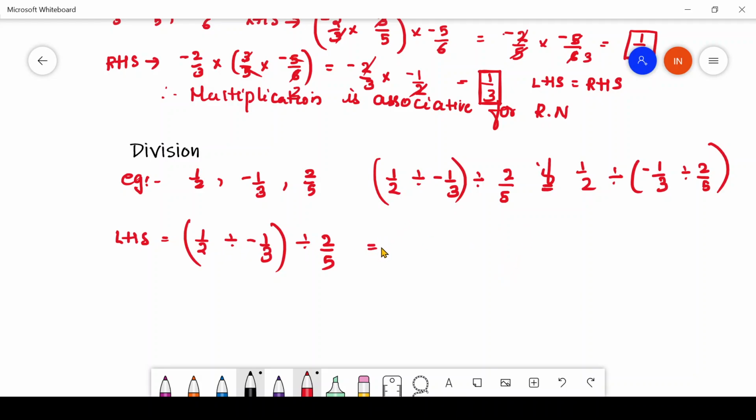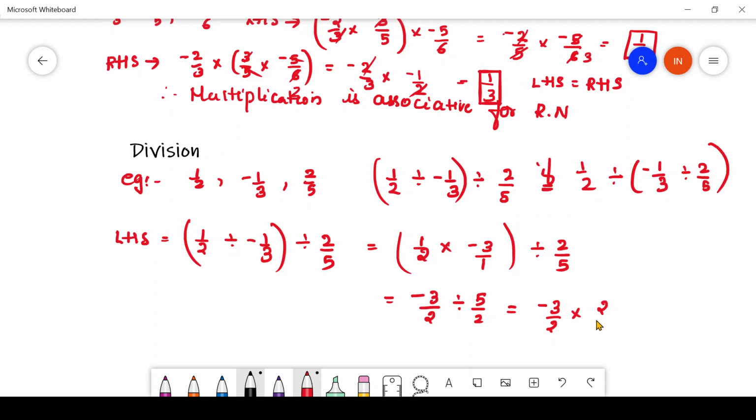So let us see the LHS now. 1 by 2, when we do the division, you know, you take the reciprocal of the second number, that is negative 3 by 1, then divided with 2 by 5. So how can we do this? You can see inside the bracket, that is negative 3 by 2, you will get divided with 2 by 5. Again, we are applying here the reciprocal and multiplying with the first number, right?